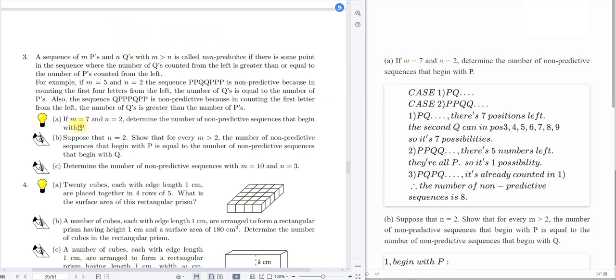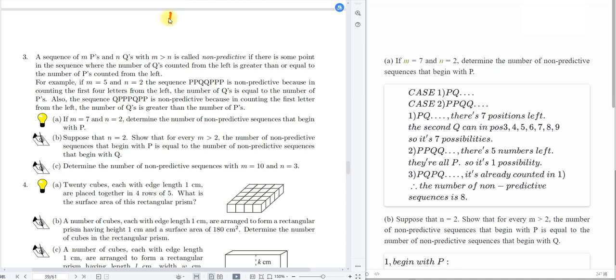Okay, so let's see, if m equals 7 and n is equal to 2, determine the number of non-predictive sequences that begin with P. So begin with P, this one P, and since n equals 2, if I begin with 3P, it won't be non-predictive because no matter what, QQ is less than 3P from the left.